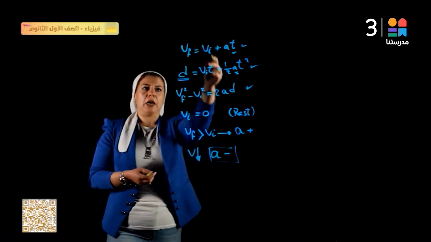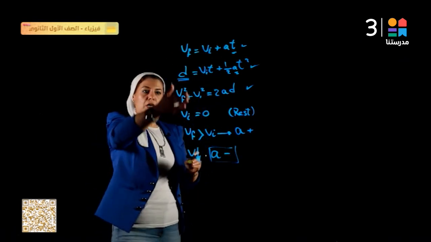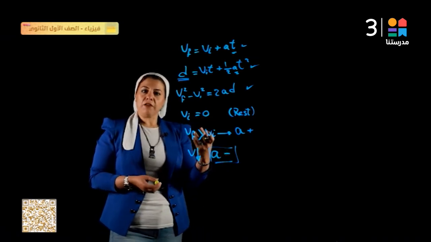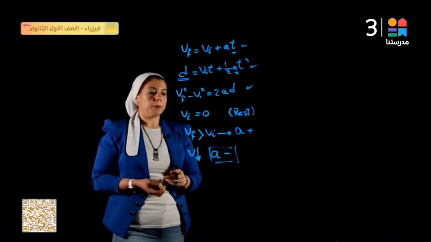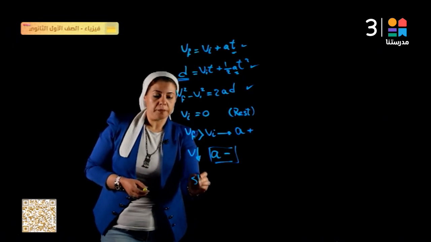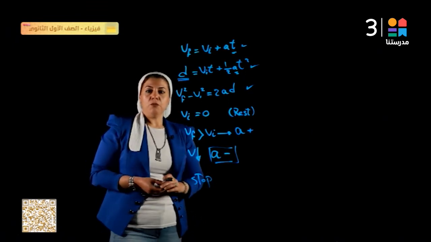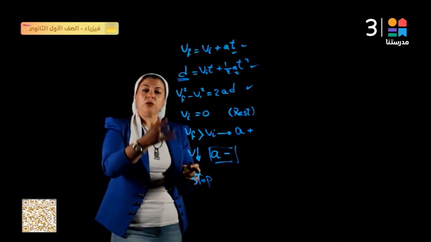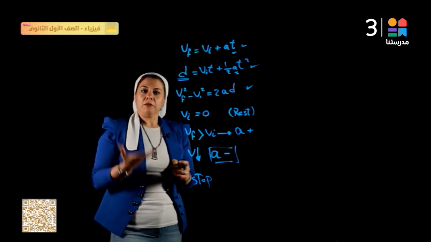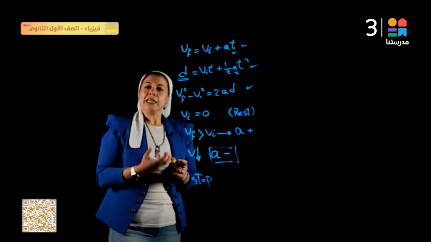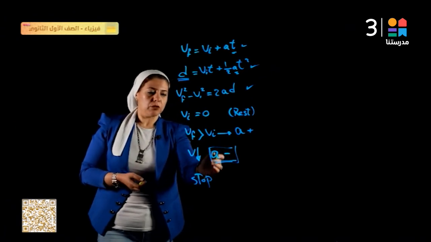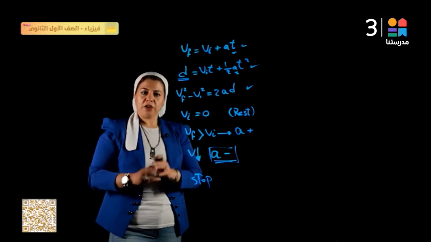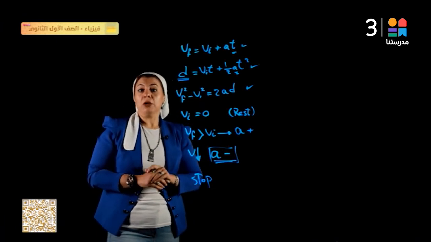When we substitute for the acceleration in the three equations, we substitute with the same value but with a negative sign. To stop the moving object, or to stop the car or the train, the driver also uses the brakes to decrease the velocity. If he only decreases the velocity but does not stop the car or the vehicle, we take A with a negative sign.